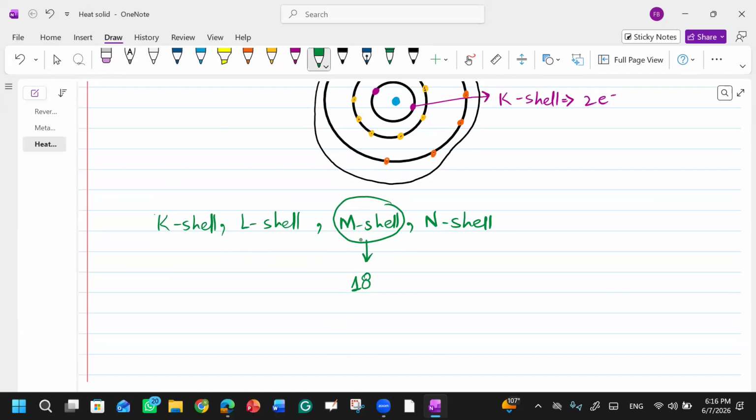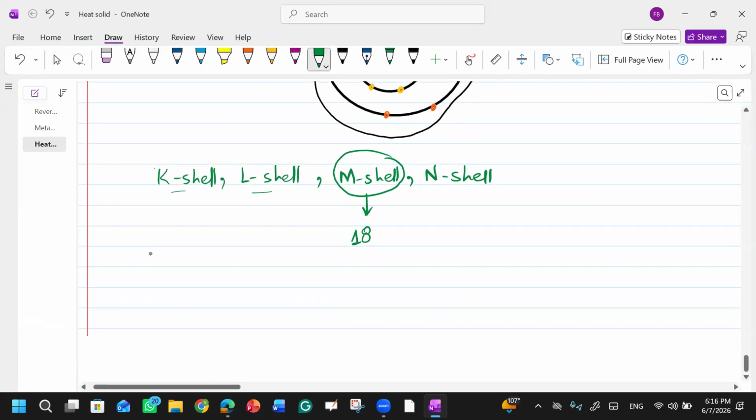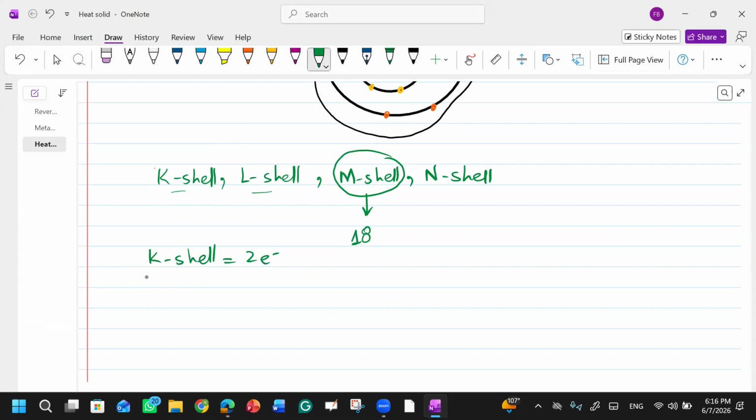It means in this M shell you have the K and L shell. That is why it has this capacity. Are you getting this? You are adding all the previous shells. Let me explain it in terms of electrons. In the K shell you have 2 electrons, right? Then in the L shell, how will the L shell be formed?